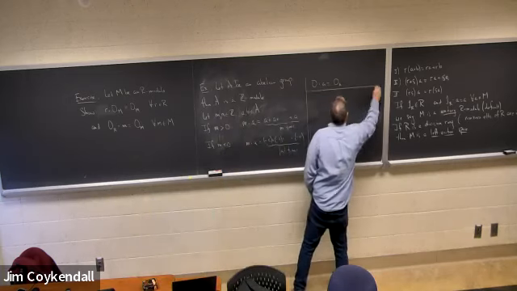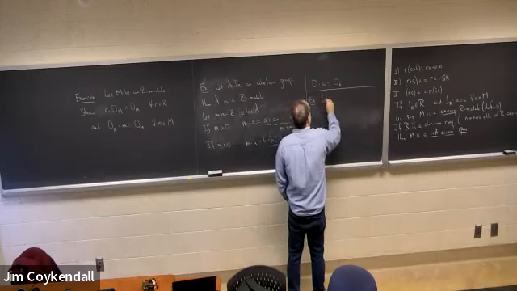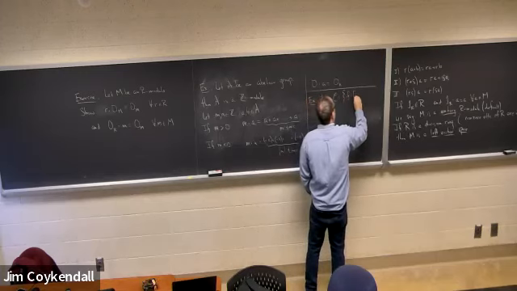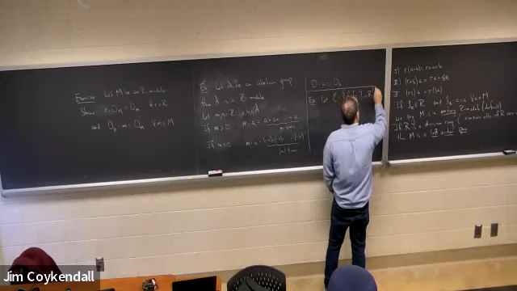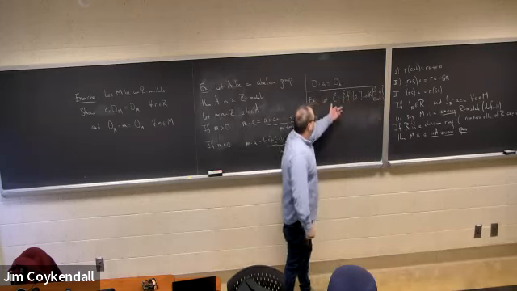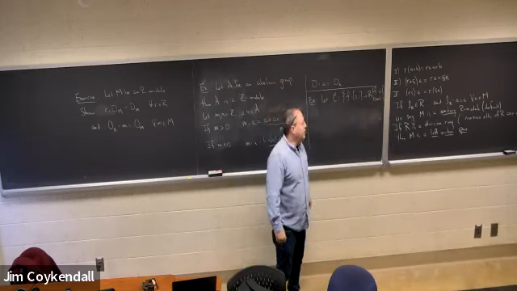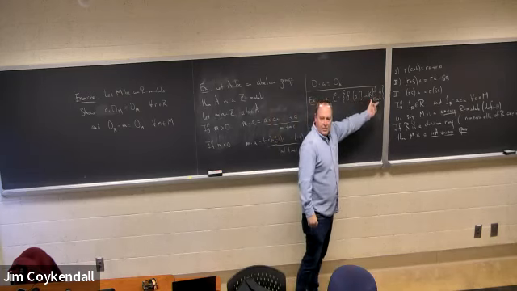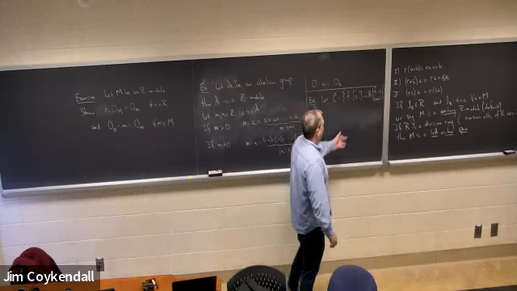Here's an example. Let C be the set of all functions from the interval 0, 1 into the reals that are continuous. Right? This is an abelian group.